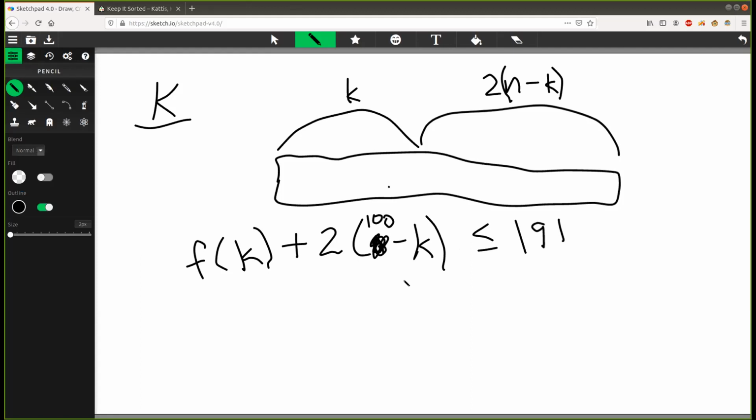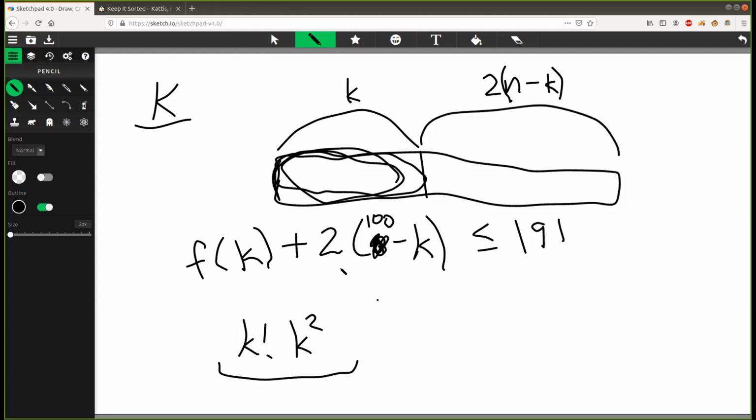And then my algorithm is, I have the brute force, so I know the smallest number of operations to sort the first k of them with my brute force, which is something like k factorial times k squared or k cubed or something like that. That's how much time that part takes.